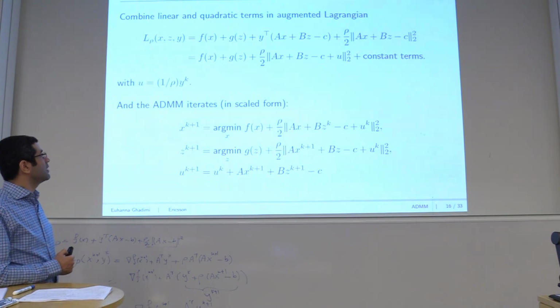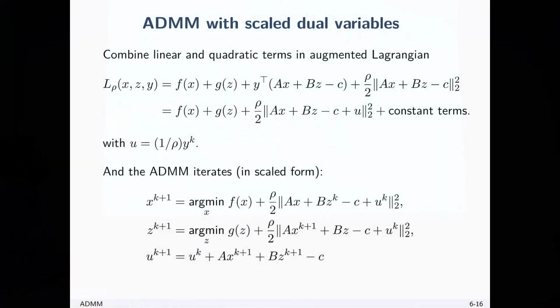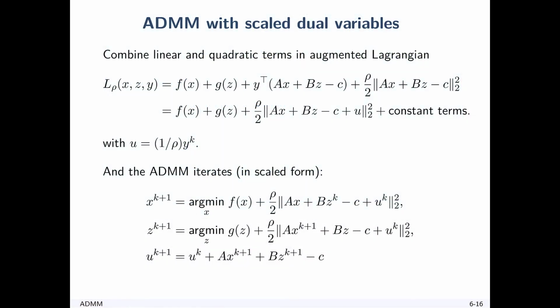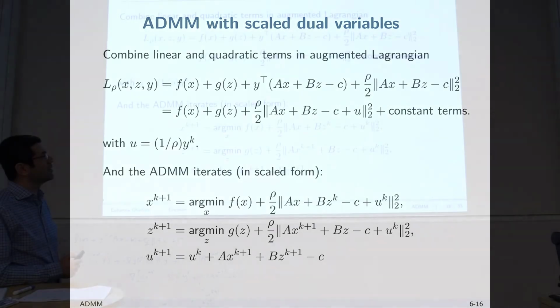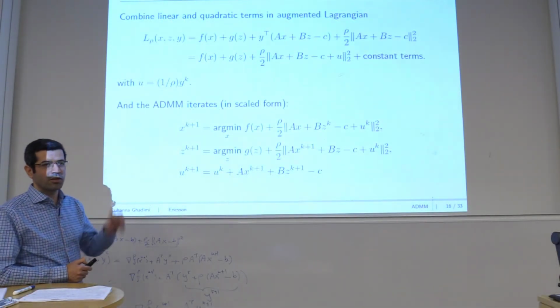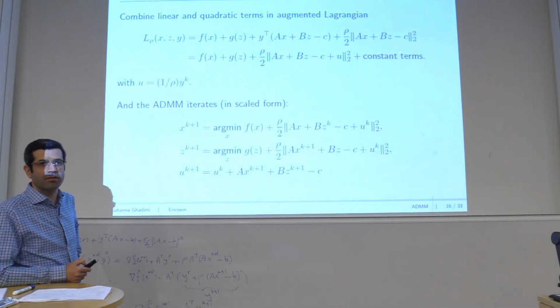If you do the transformation like in this simple case, that you replace 1 divided by rho times yk and call it the new variable u, then you can shift it inside the quadratic term and avoid the affine term. And of course you get more terms, but these will be constant terms with respect to x and z. So you can condense your minimization, and it starts to look like the proximal operation. We will see about it, something like that.